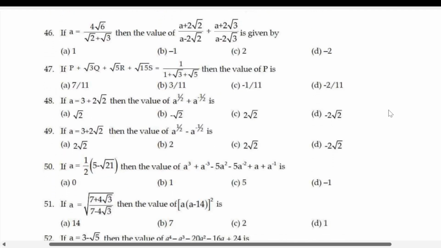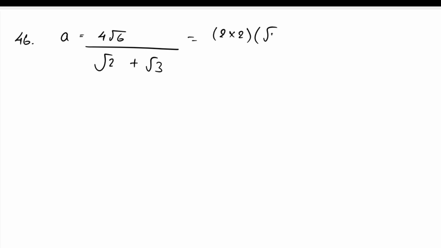Now question number 46. A is equal to 4 root 6 divided by root 2 plus root 3. This I'm writing it as 4, I'm writing it as 2 into 2, and root 6 I'm writing it as root 2 into root 3.